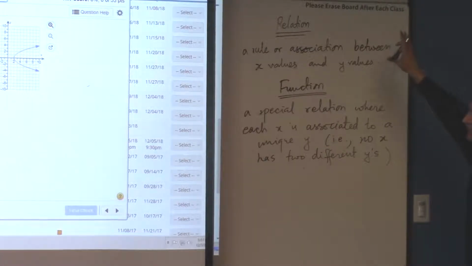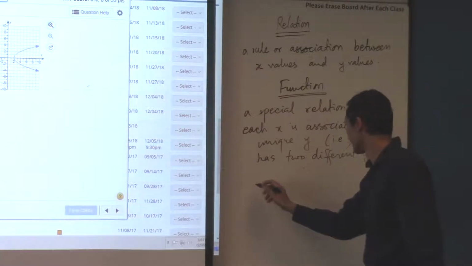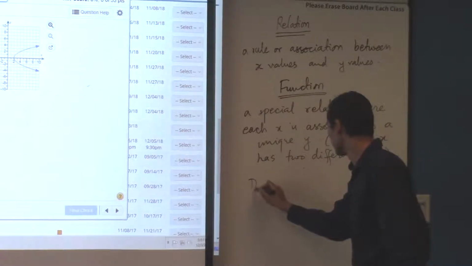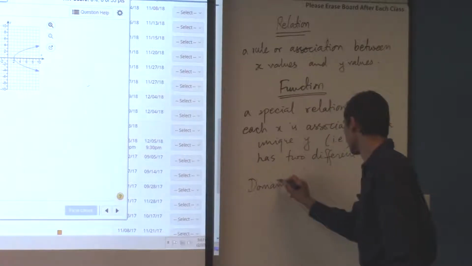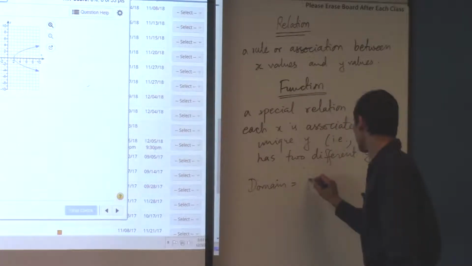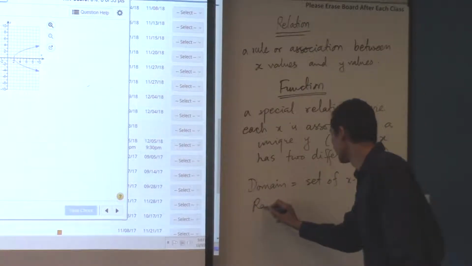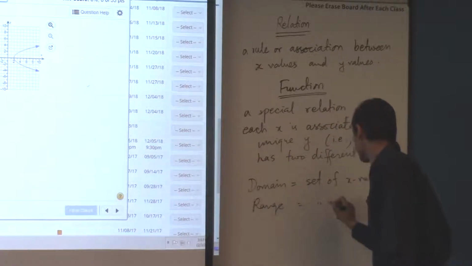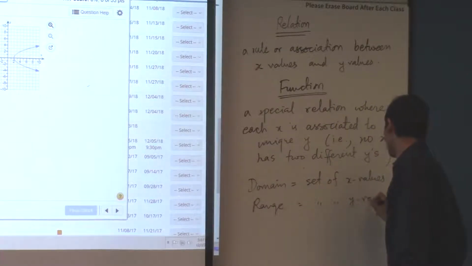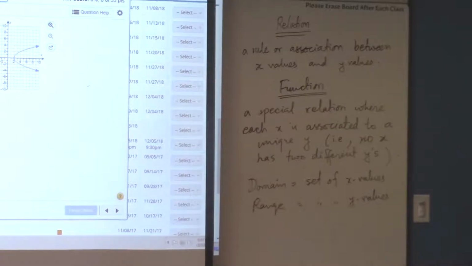For both a relation and a function, the set of x values is called the domain, and the range is the set of y values. Okay. So that's what it is.